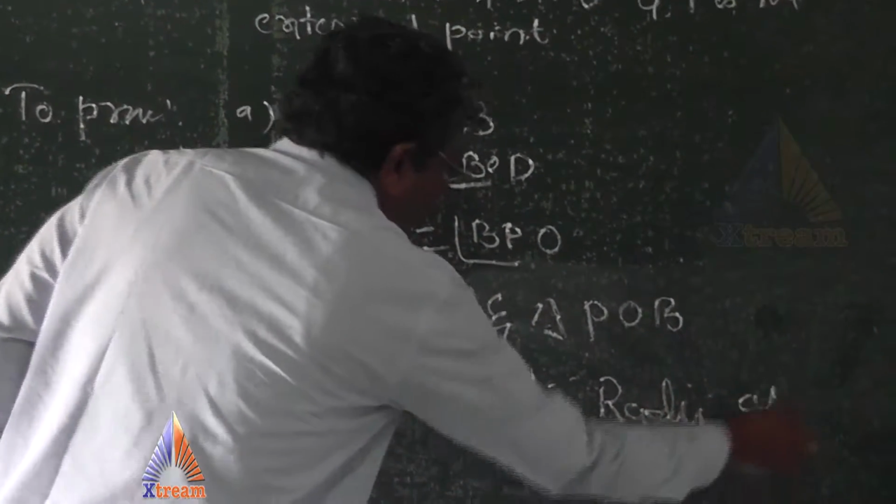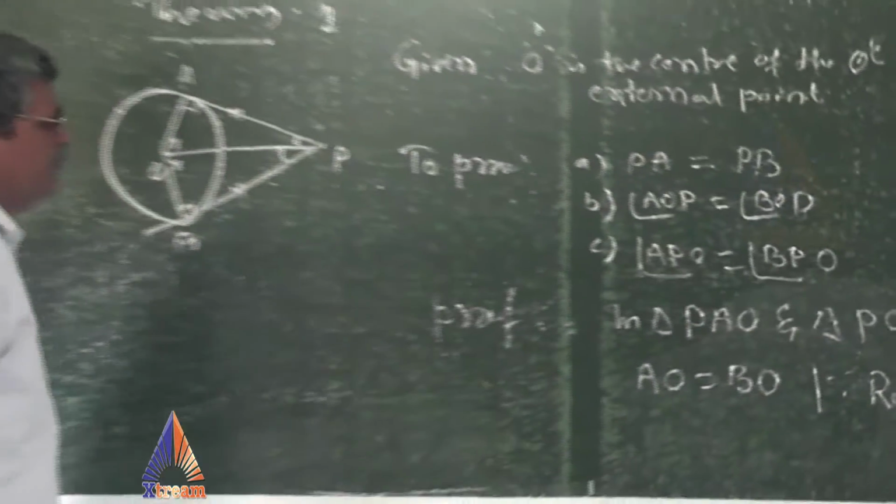Radii of the same circle. Radii of the circle.